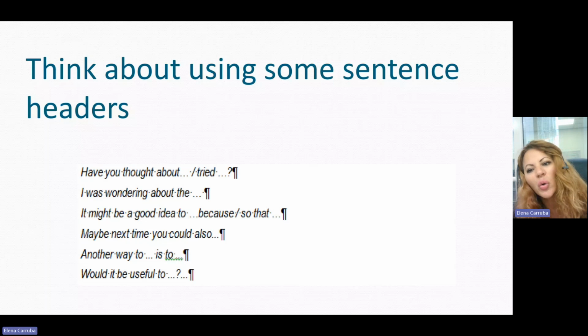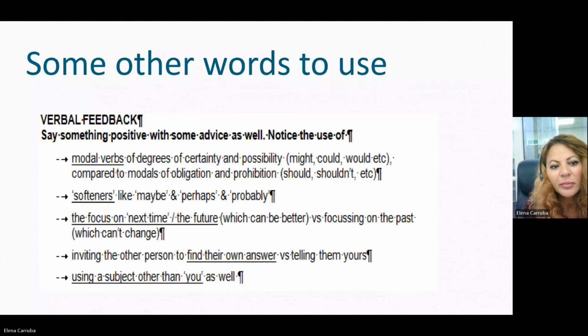Would it be useful to consider this aspect of learning or the method? Maybe next time you could also include this and this. Another way to say this or to demonstrate this is to do this and this. So it's more suggestive, more welcoming, more opening, and it's very nice for the students.